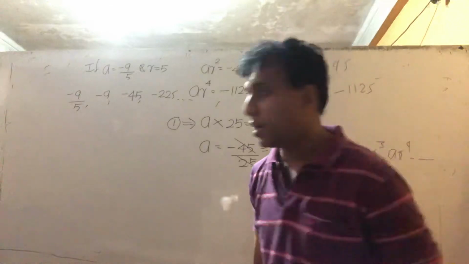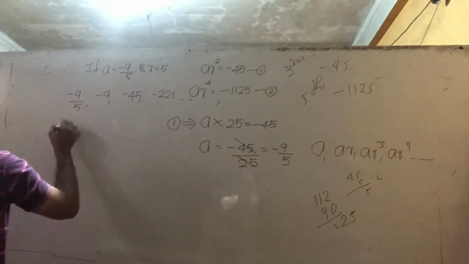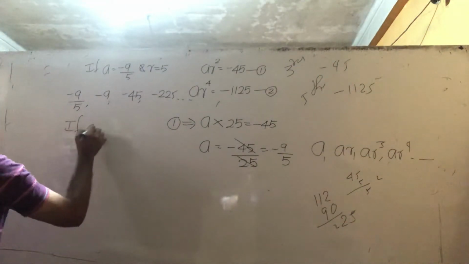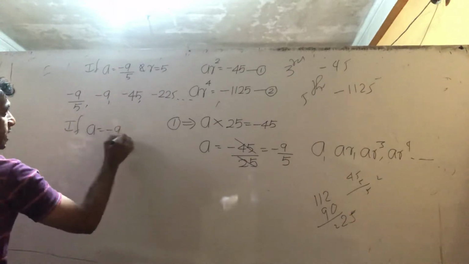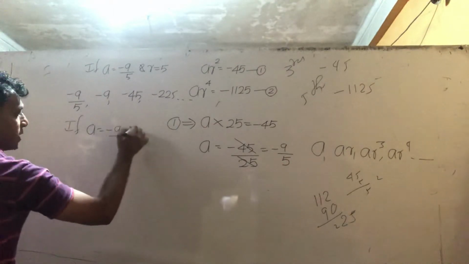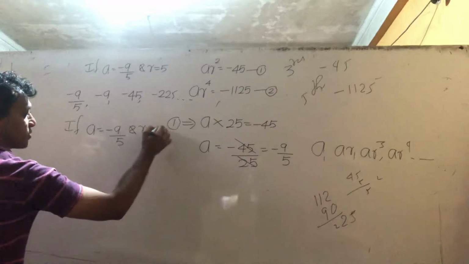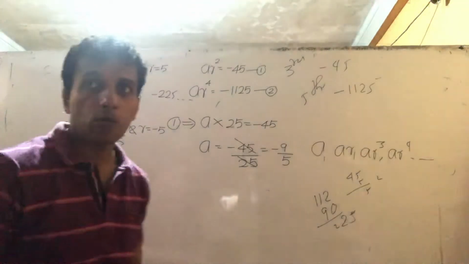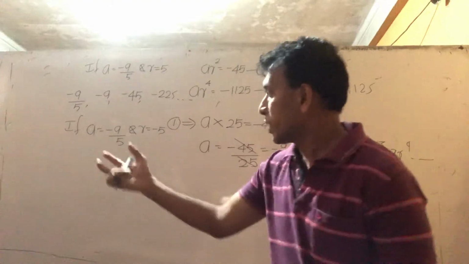Write the same for the other one. If a is still the same, minus 9 over 5, and r equals minus 5, common ratio minus 5. So write the same pattern.